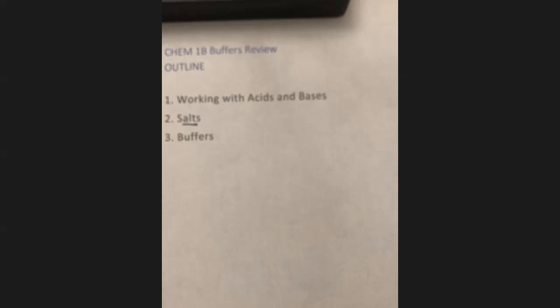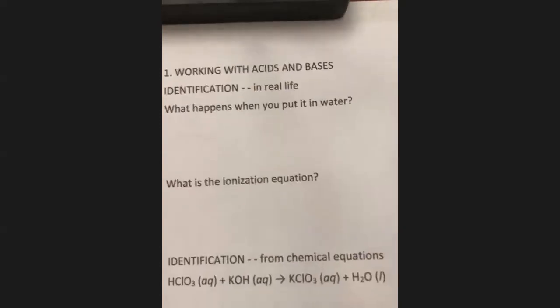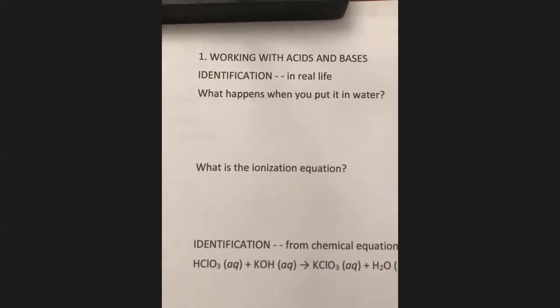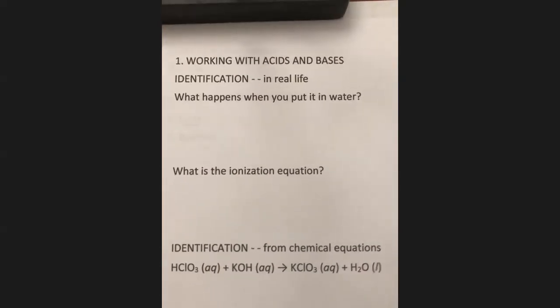So let's start out with the first one here, working with acids and bases. One of the things I realize is that students sometimes have a hard time identifying whether a substance is acting as an acid or as a base or as neither in a chemical reaction. So let's start by helping us identify who is the acid and who's the base.